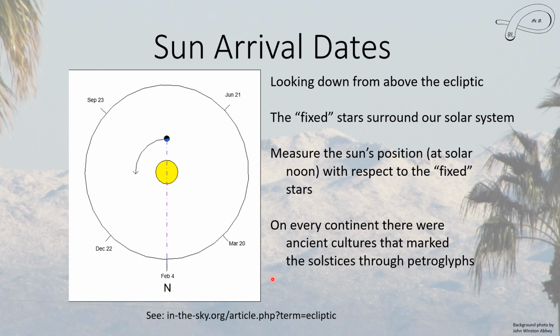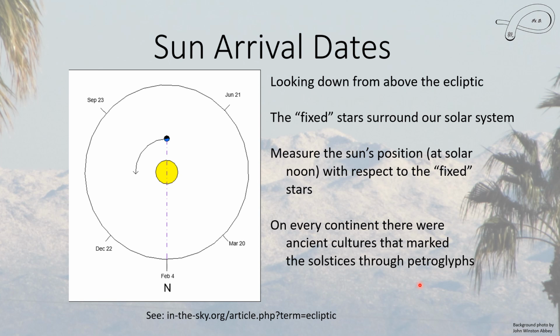Now, on every continent, we see at least a few ancient cultures that mark the solstices and sometimes even the equinoxes through petroglyphs, things that are left on rocks. Other cultures probably had stuff, but maybe it wasn't so permanent and it's gone.